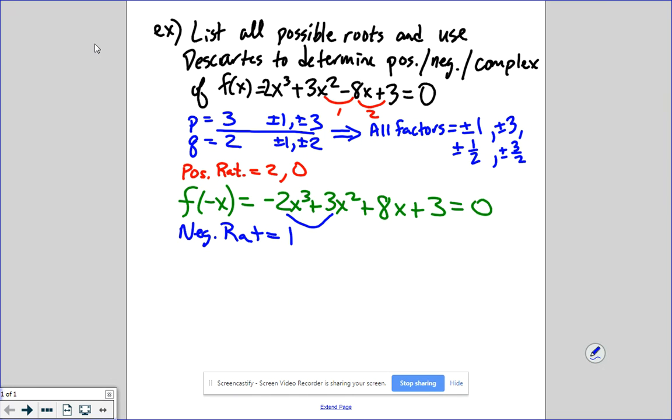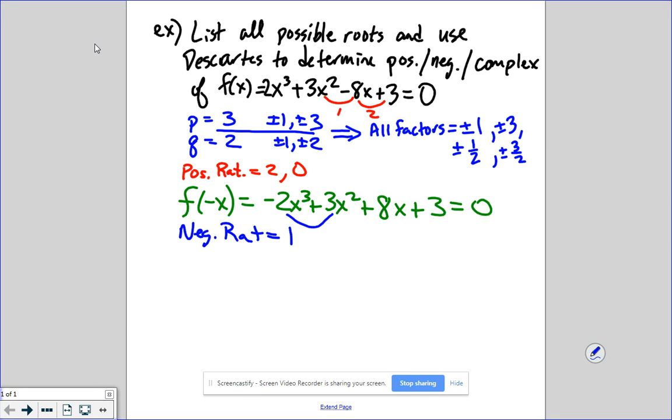So how many total roots are there? 3, because our degree is 3. So we know I either have 2 positive rationals and 1 negative, or I have 0 positive rationals and 1 negative, which then means the last 2 are complex.